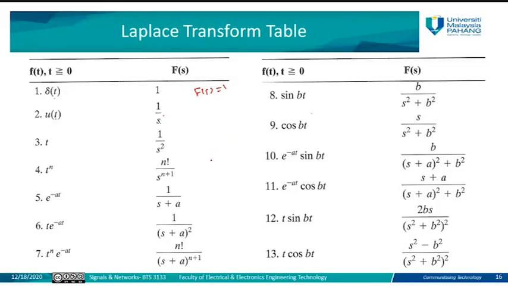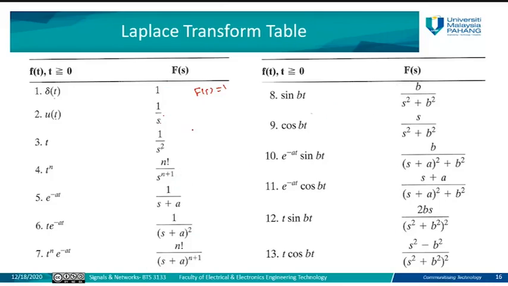But the inverse is more critical, because for Laplace it's easy to apply integration to each function and find its transform. But for the inverse, somehow it's complicated and you need to perform some simplification in order to find the inverse Laplace transform.